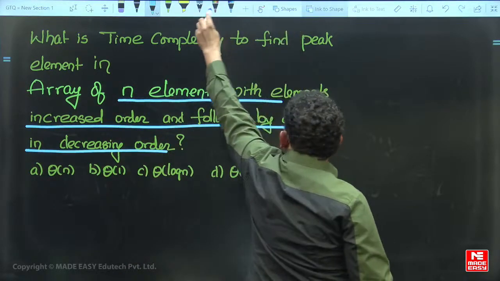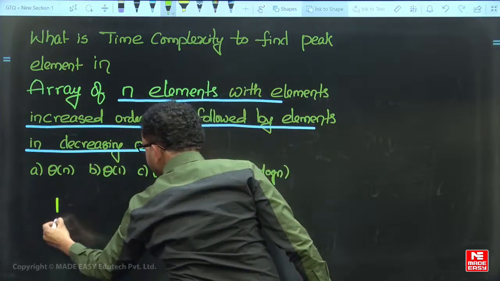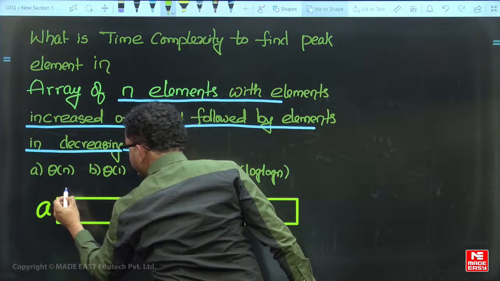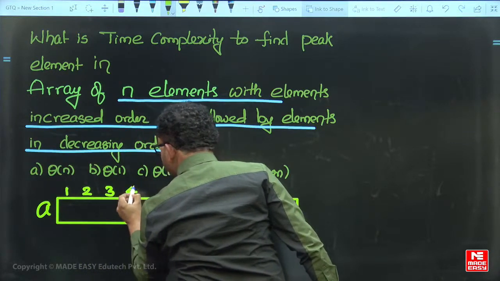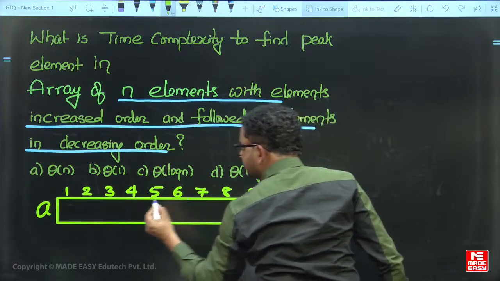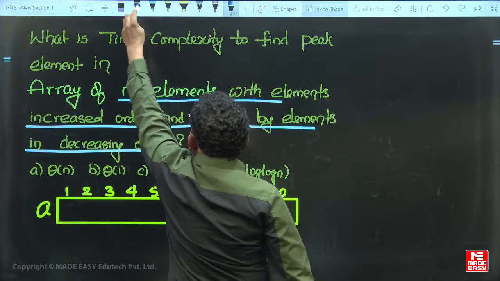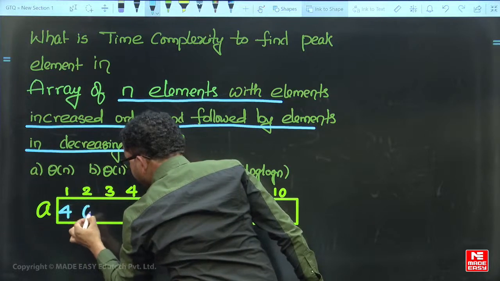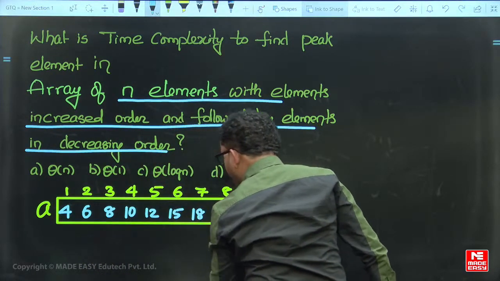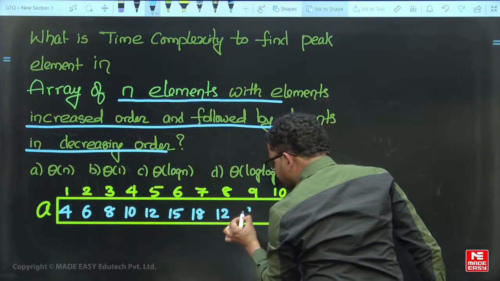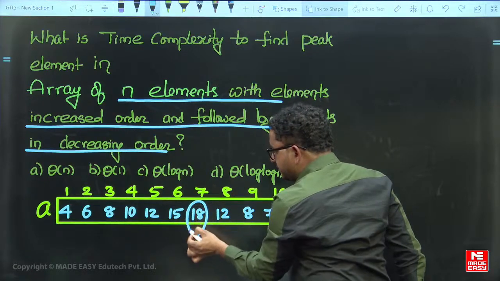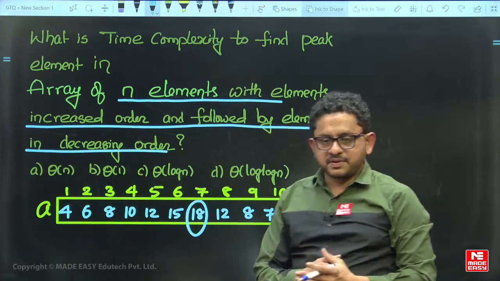If you consider an array of 10 elements, the elements are increasing, let us say 4, 6, 8, 10, 12, 15, 18, followed by decreasing order: 12, 8, 7 and so on. We need to find this peak element. What is the time complexity required for this?